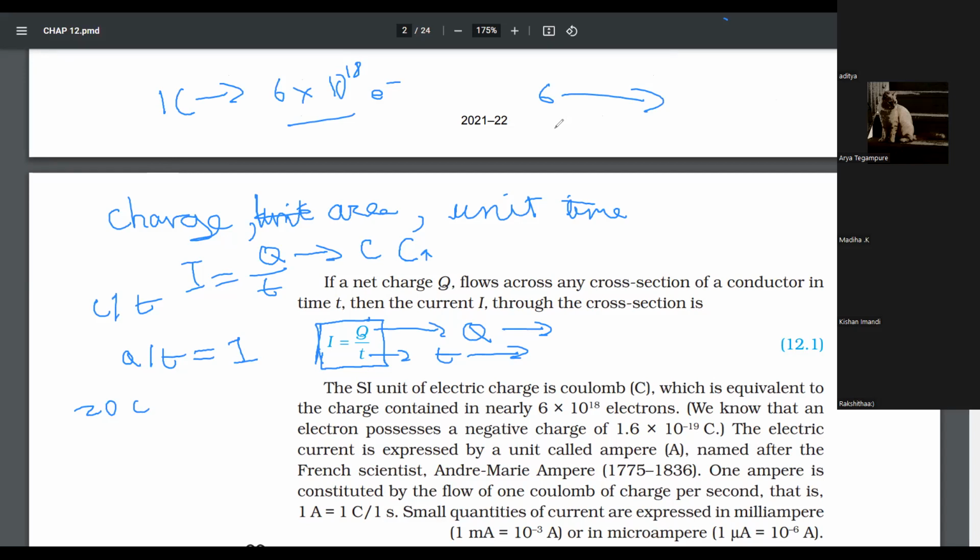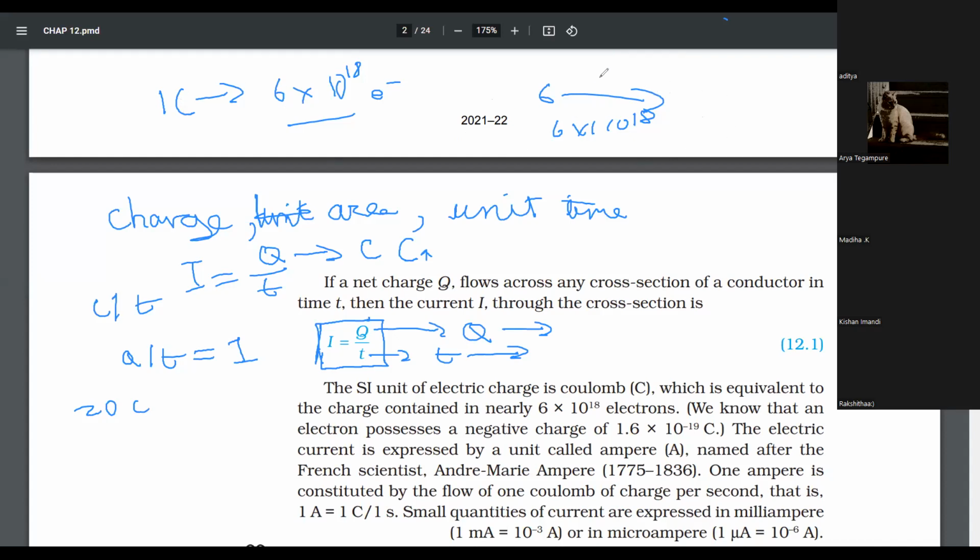So the total charge in that many electrons, 6 times 10 to the power 18, more than quadrillions, constitutes 1 coulomb.